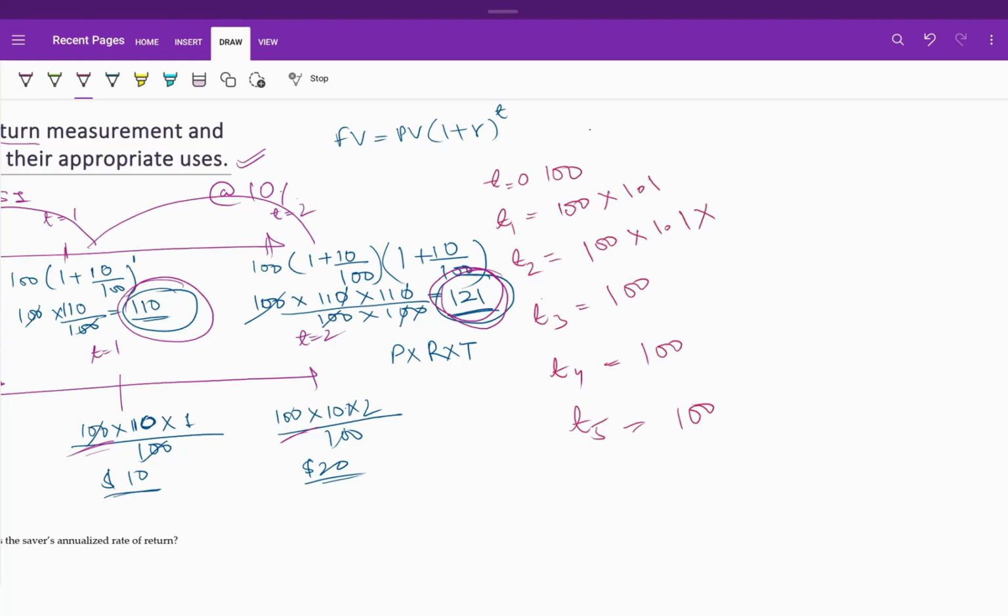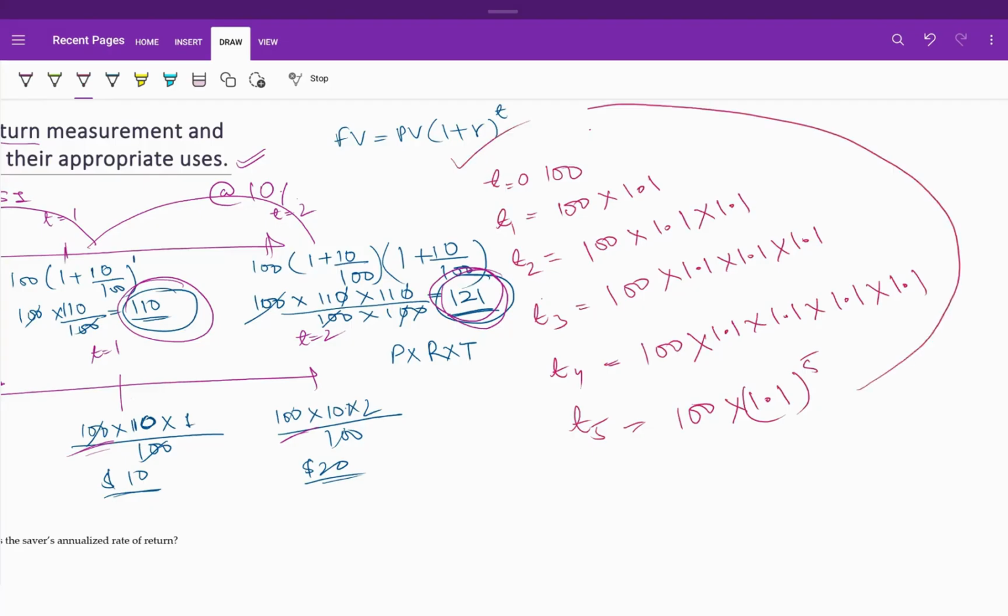Next year, it's going to be 1.1 twice, 1.1 into 1.1, then multiplied with 1.1 four times, and 1.1 to the power 5. This is what the formula represents, the difference between compound interest and simple interest. Just remember this, and we will apply it in more depth.